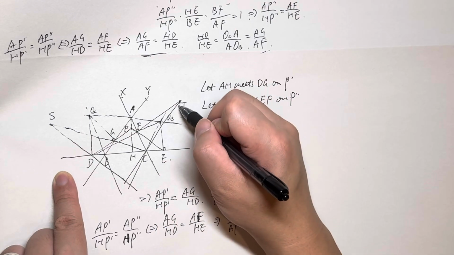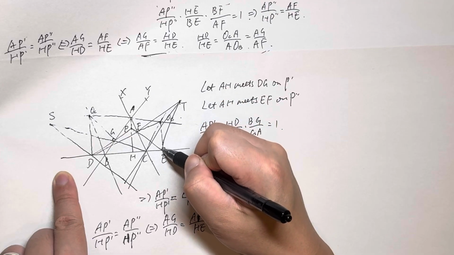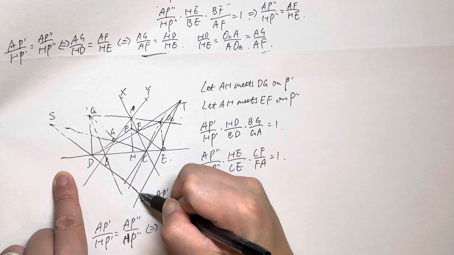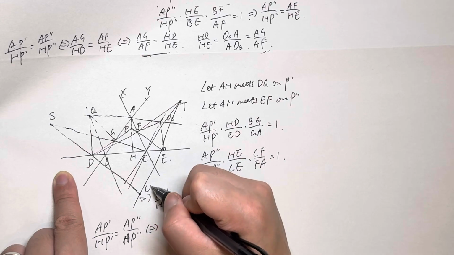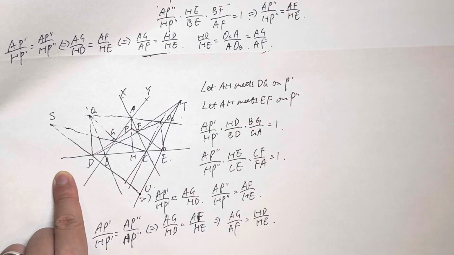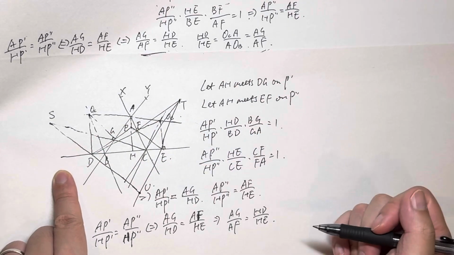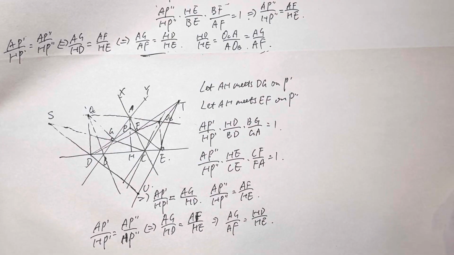No, not CT, TE, right? So SD meets TE at point U, then we want to prove that AU is perpendicular to DE. Okay, let me draw this one.